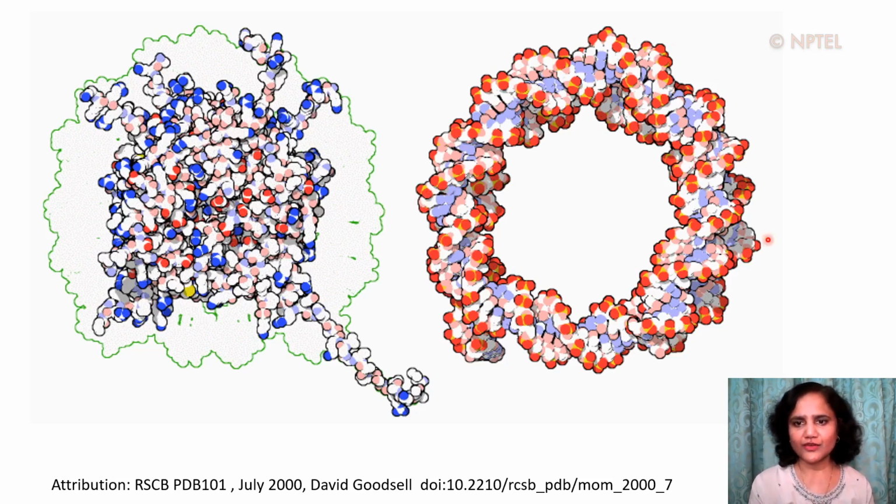So on the right side you have the DNA shown. And here you can see the yellow phosphorus and the red oxygen atoms. So they are quite exposed. And so there is a nice association between the negative charge on the DNA backbone and the positive charge on the surface of these histone molecules. So this helps in the tight association between the DNA strand and the nucleosome core.